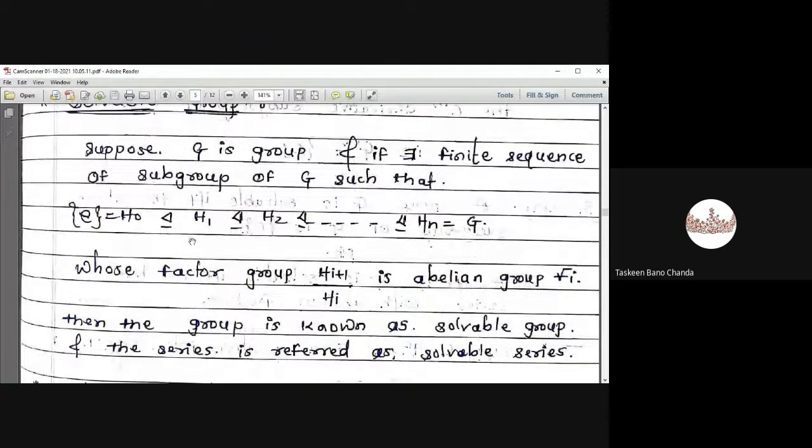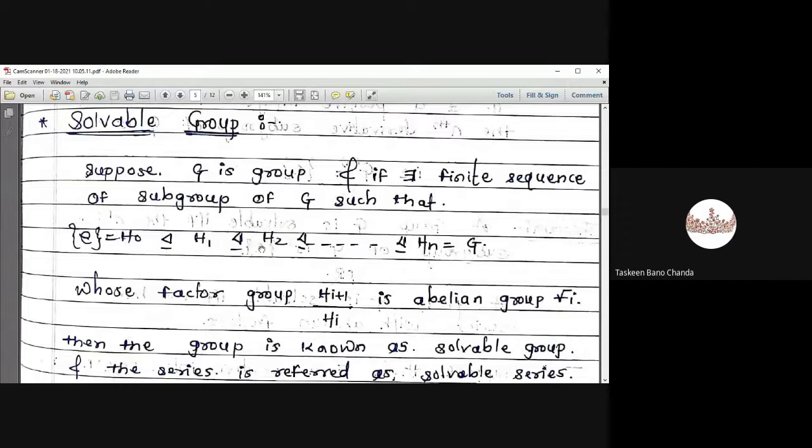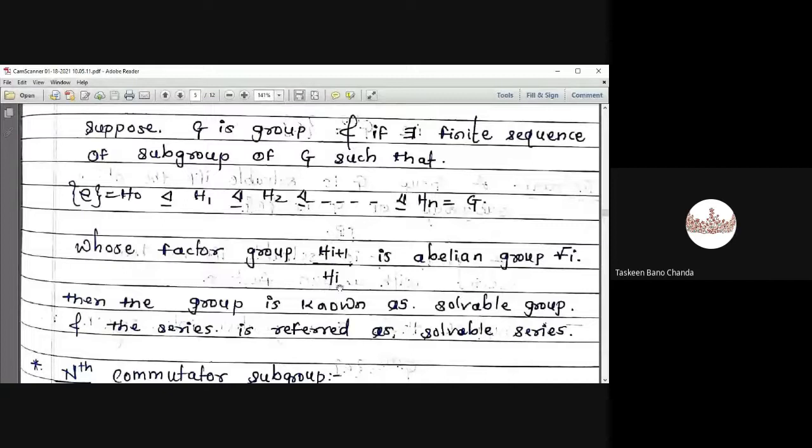If a group is solvable, then we immediately assume there is a solvable series in which Hi plus 1 upon Hi is an abelian group. That is what we assume: if they give solvable, a series exists. The definition of solvable group says there exists; even one is enough for us. It may be 2, 3 or 4, we don't know. Exists means a finite sequence of subgroups of G such that the factor group Hi plus 1 upon Hi is abelian, i running from 0 to n minus 1.